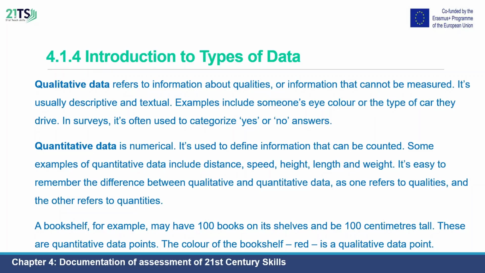A bookshelf, for example, may have 100 books on its shelves and can be 100 centimeters tall. These are quantitative data points. The color of the bookshelf, red, is a qualitative data point.